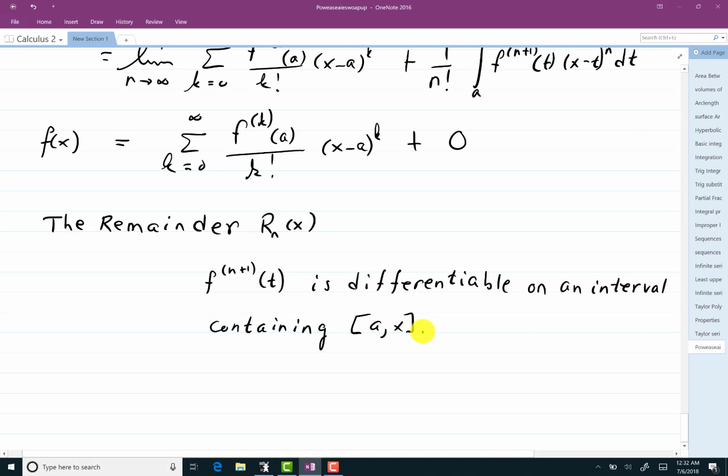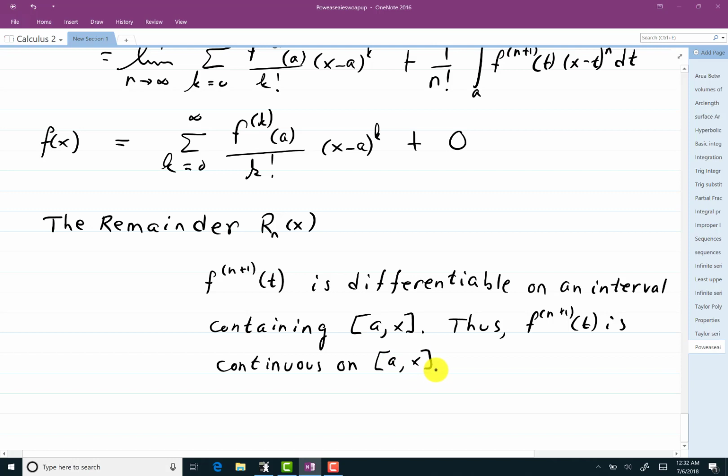Okay, so if a function is differentiable, remember it's also continuous. So thus, f to the n plus 1 of t is continuous on that closed interval.